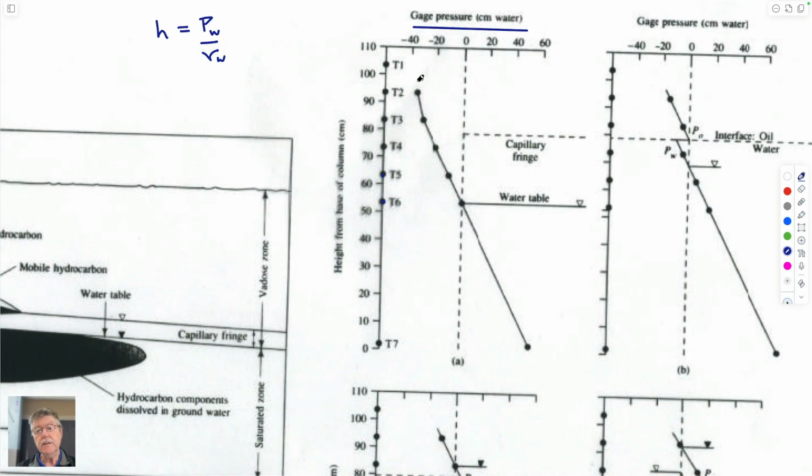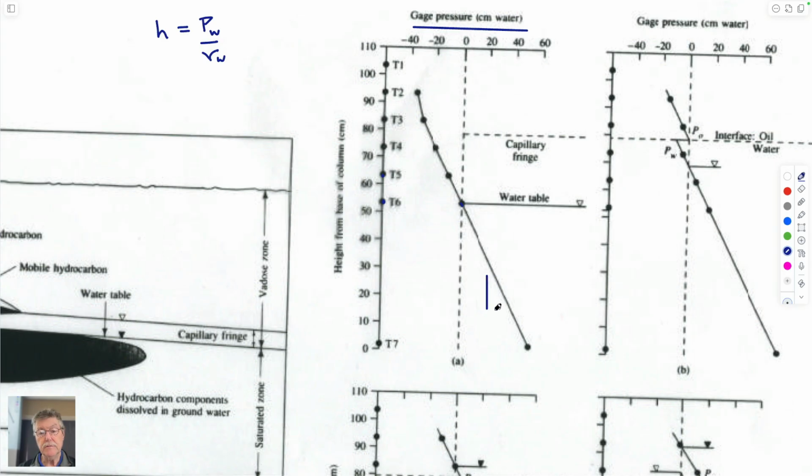So by definition it's this. And so if you can measure these somehow, then in the starting point you start off with the water table, which by definition is at atmospheric pressure. So this in gauge pressure is 0. And as you go up in the water above that, the pressure in the air phase is 0 essentially, but the pressure in the water phase is negative, in tension. And as you go below the water table, it's just a continuation of this.